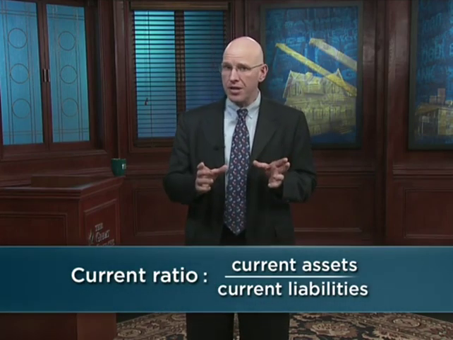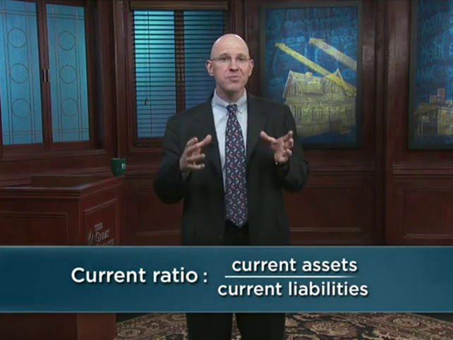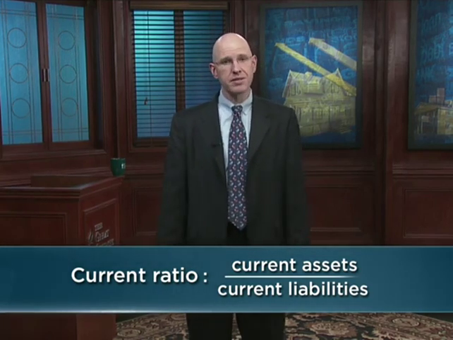The word current here is an accounting term that means that it comes due within the next 12 months. So the current ratio says how many dollars of current assets a company has for each dollar of current liabilities. Or in other words, how many dollars a company thinks it will receive in payment over the next year, divided by the number of dollars of bills it thinks it will have to pay during the next year.